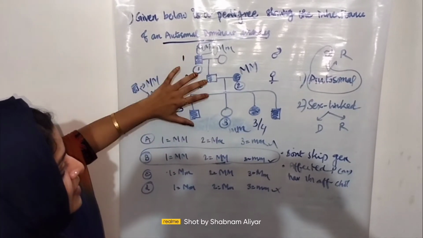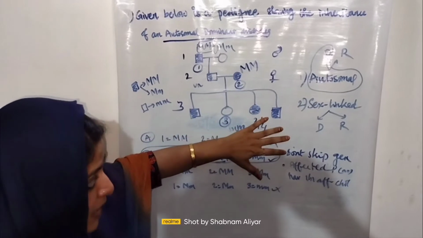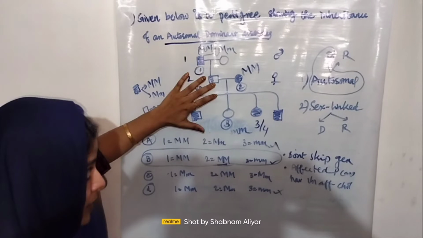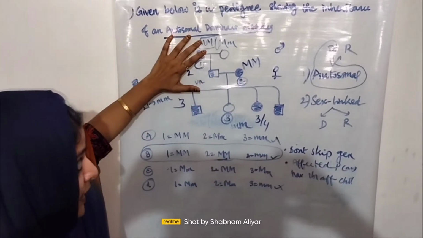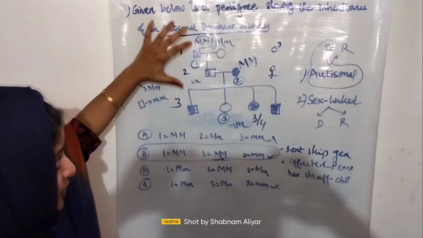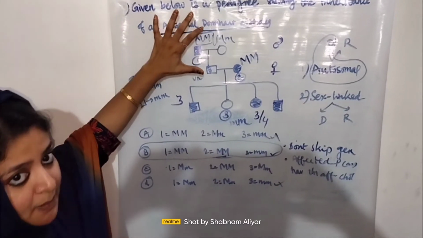And for this, if 3 out of 4 children should be affected, then definitely the father should be a carrier. If the father should be a carrier, then definitely the father in the first generation has to be capital M.